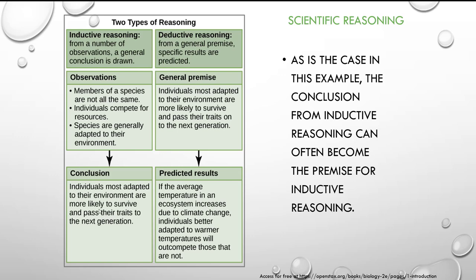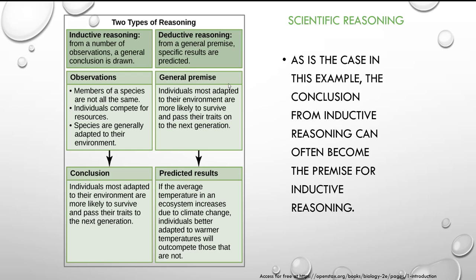Okay. Now, the other type of reasoning is called deductive. In deductive reasoning, you take a general premise and you apply it to a specific result. Okay, so it's kind of like you already have a general idea, and then you're coming up with a prediction from it. So here's our general premise.